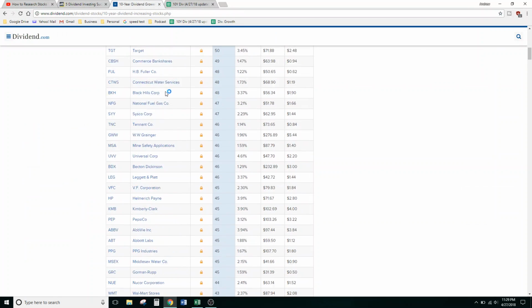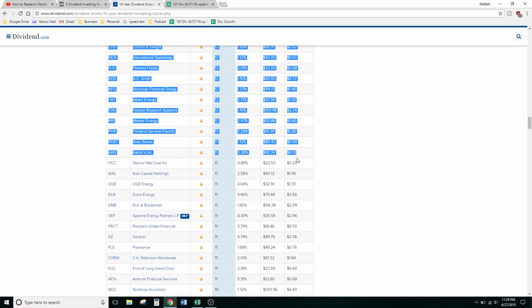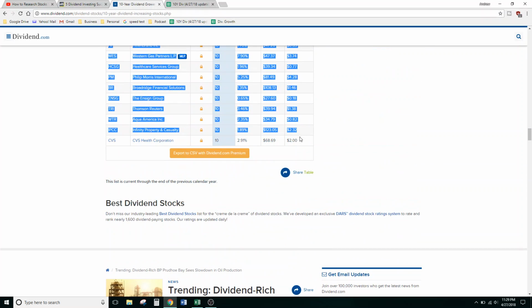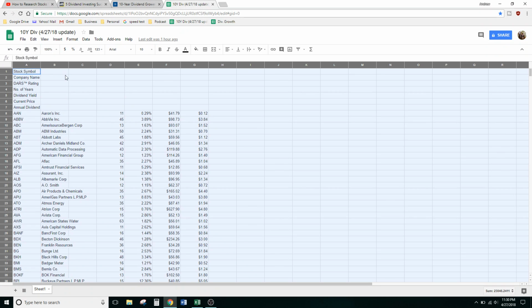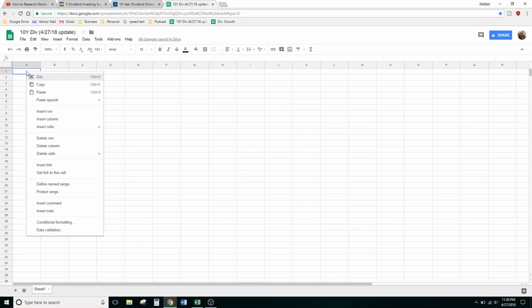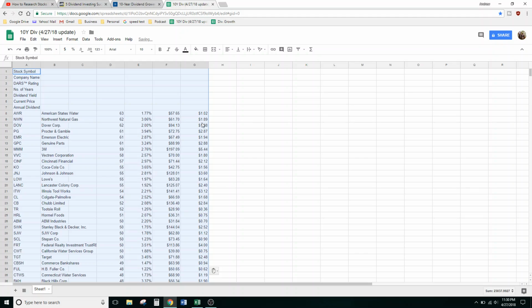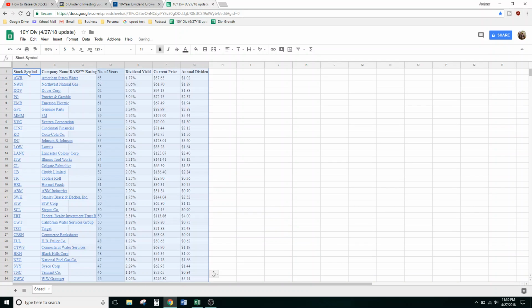This dividend.com, they tell you can't export it. This is how I do it. And if you try to do this in Excel, it's not going to work, so don't even try. I already tried it. So you copy this, Control C, and then I'm just going to show you right here so you don't think I'm just cheating. Just delete all this. Now you go here. This is a Google Sheet. Paste special, values only. Bam. Because if we try to do a regular paste, it literally pastes.